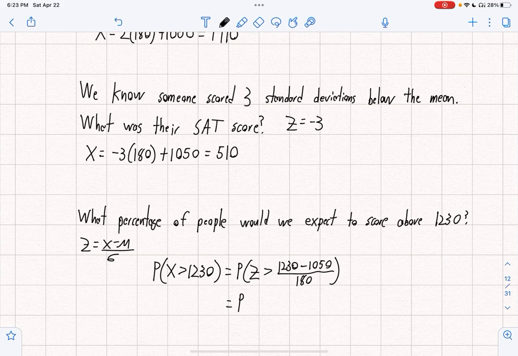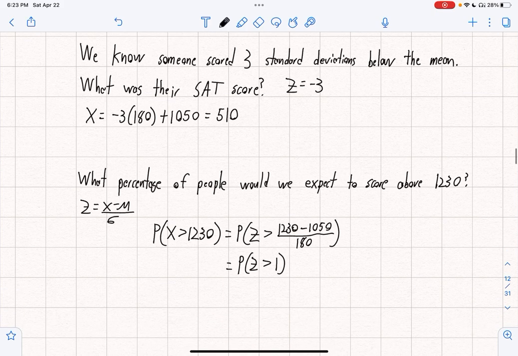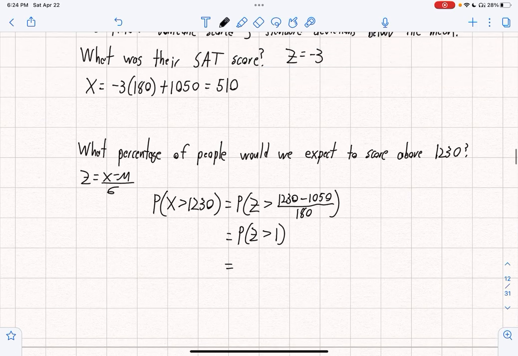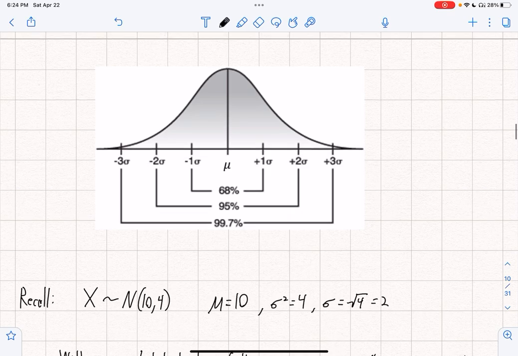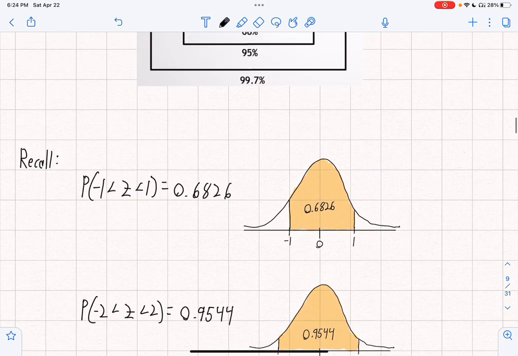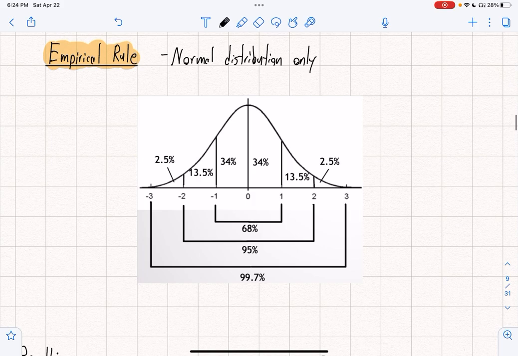So that's the same as the probability that z is bigger than 1. Okay, so we're saying we want z bigger than 1, so that would be everything to the right of 1.